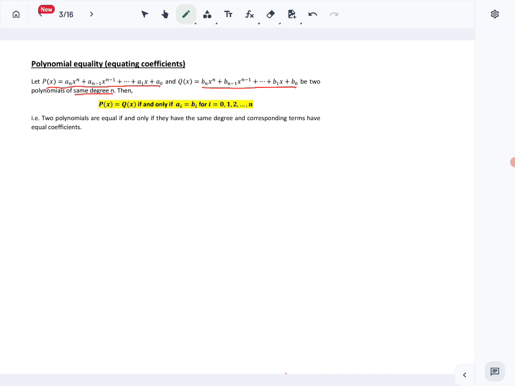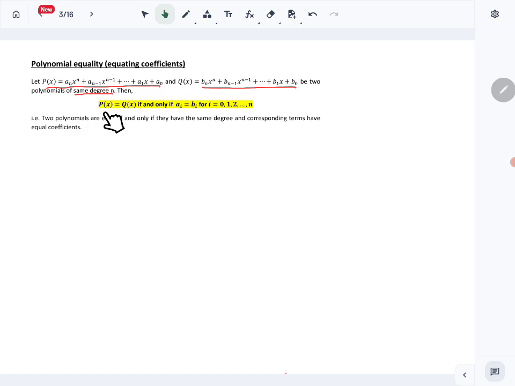Now I want to find a condition for these two polynomials to be equal. So I want p(x) to be equal to q(x). It can only happen if, first of all, same degree. So for example, a cubic and a quadratic can never be equal because they have different degrees. Only polynomials of same degree can be equal.